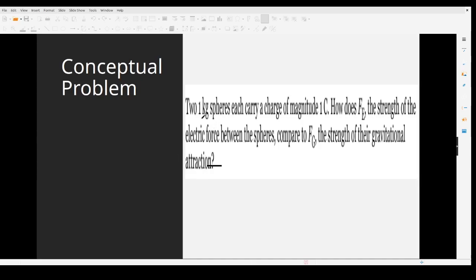Now let's say we have two 1 kilogram spheres, each carrying a charge of magnitude 1 coulomb. How does Fe, the strength of the electric force between the spheres, compare to Fg, the strength of their gravitational attraction? So we need to find Fe over Fg.